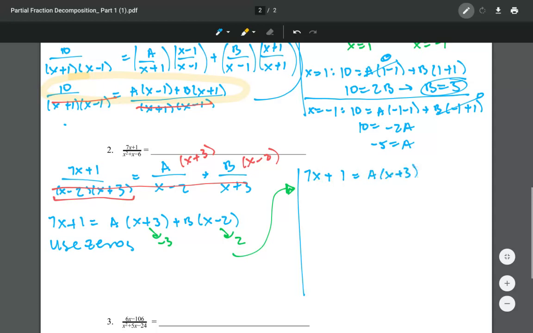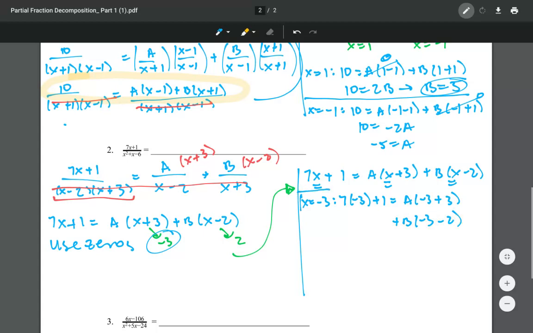You don't need to rewrite it if you don't want. I'm going to start with a zero of negative 3, so x equals negative 3. I need to run it through every single x that I see. So this is going to be 7 times (-3) + 1 is equal to A(-3 + 3) plus B(-3 - 2).